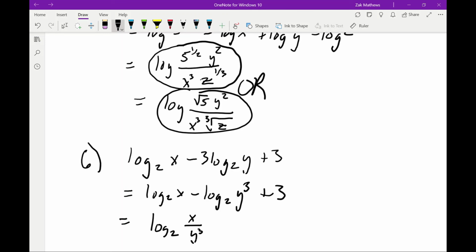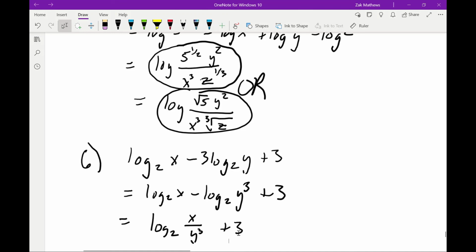But then we hit this 3 and we have a problem. We say, hey, it's addition, I should be multiplying something. But I can't put it in that log because it did not have a log. There's no log on this, so I cannot condense this into the logarithm. For just this instant in time, it is stuck where it is. But I do want to fully condense it, meaning I do want to put it inside the log.